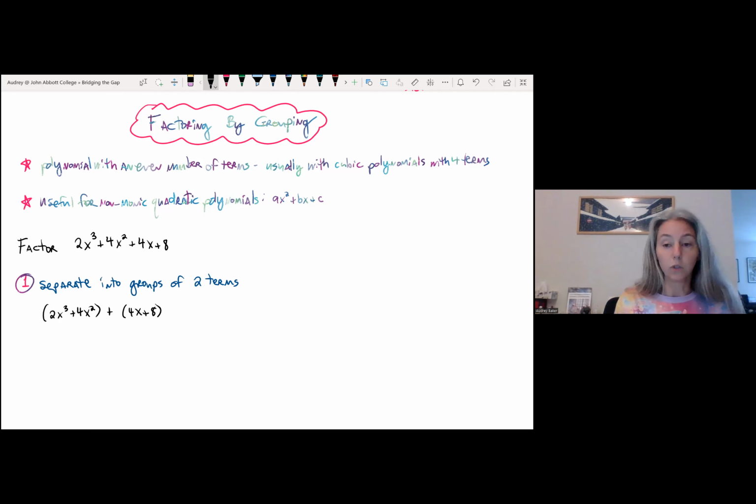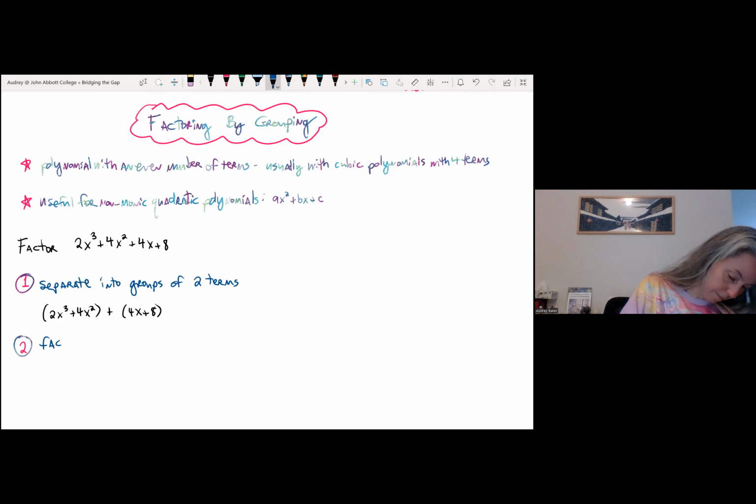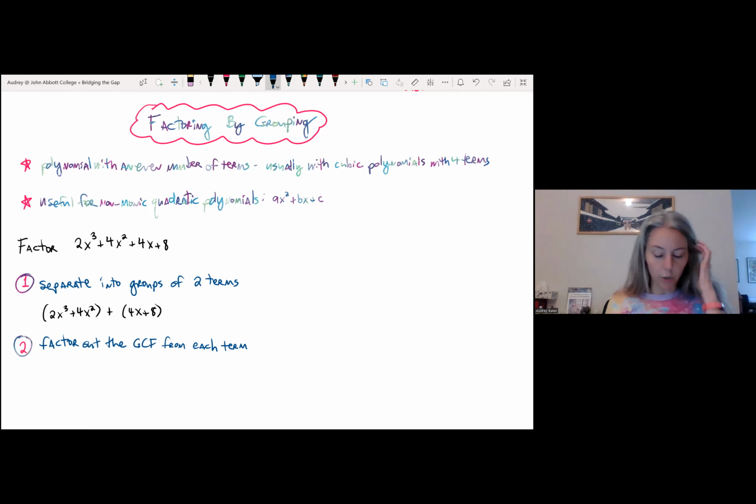The next thing that we're going to do is factor out the greatest common factor from each group.